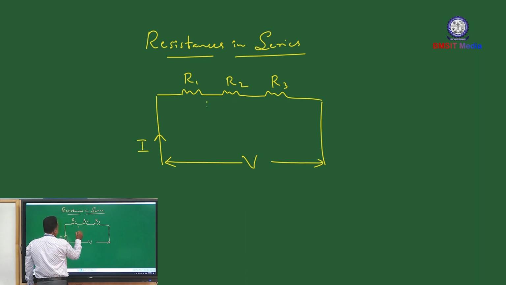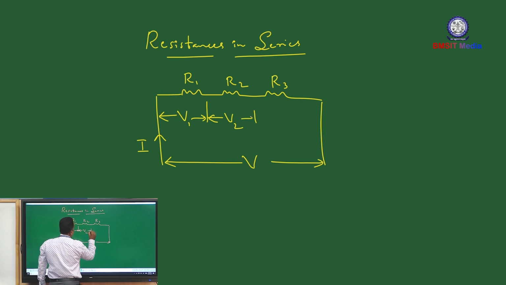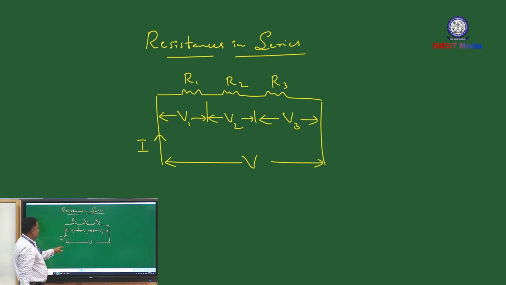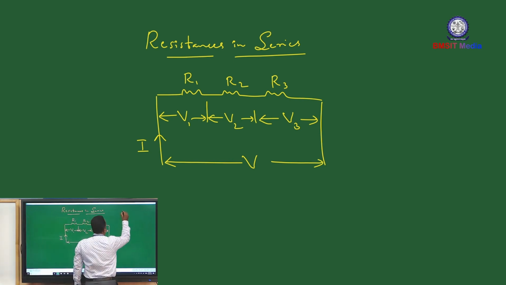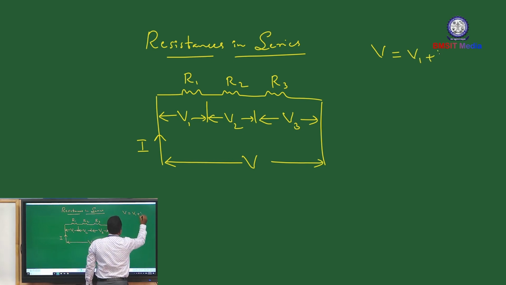Because of this current flowing, there will be a voltage drop V1 across R1, V2 across R2, V3 across R3. So this total voltage applied V is equal to the sum of individual voltage drops. V is equal to V1 plus V2 plus V3.